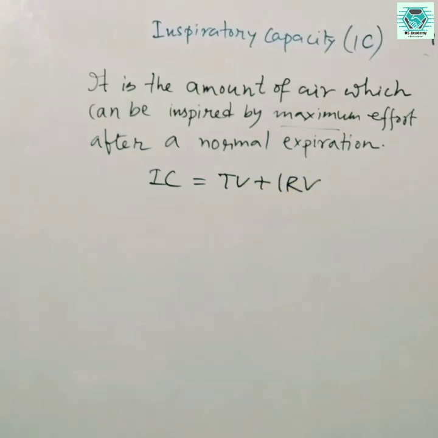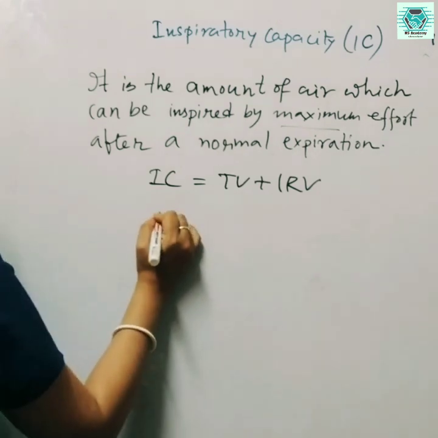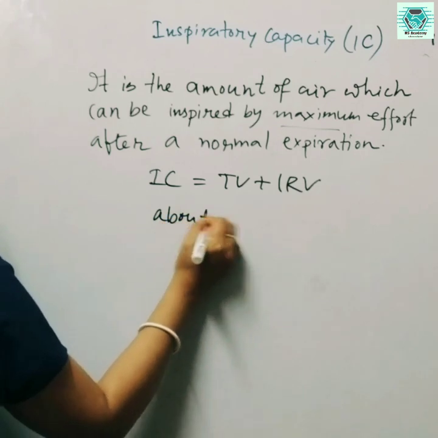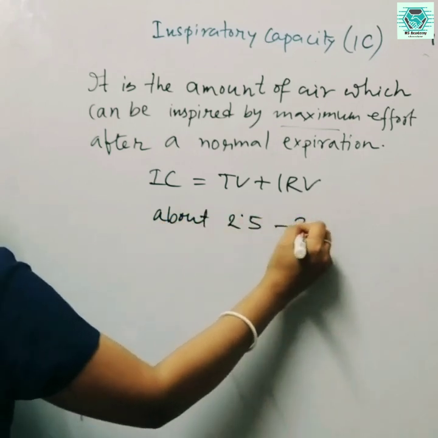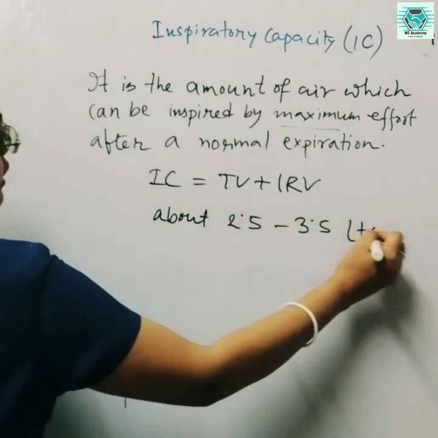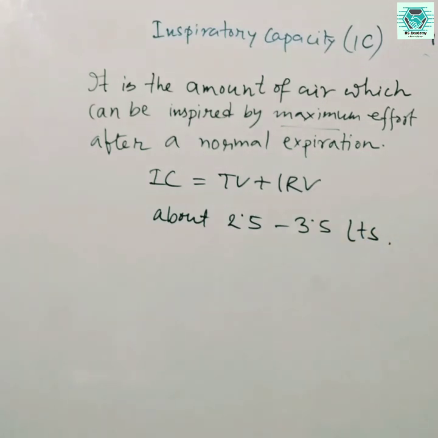These two volumes combined are the amount of air a person can breathe in. The amount is about 2.5 to 3.5 liters. Right? Moving to the next.